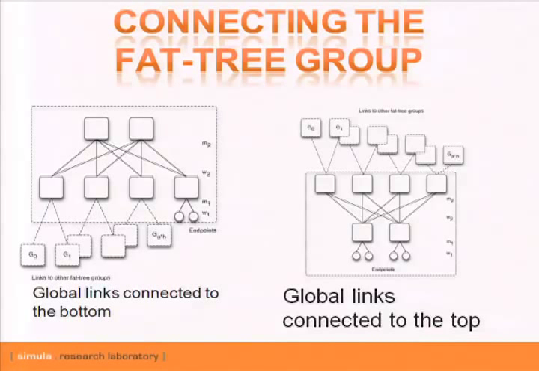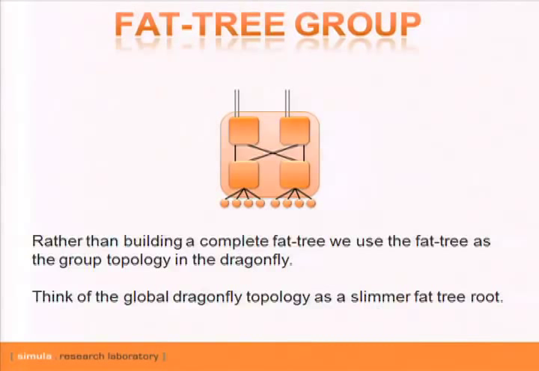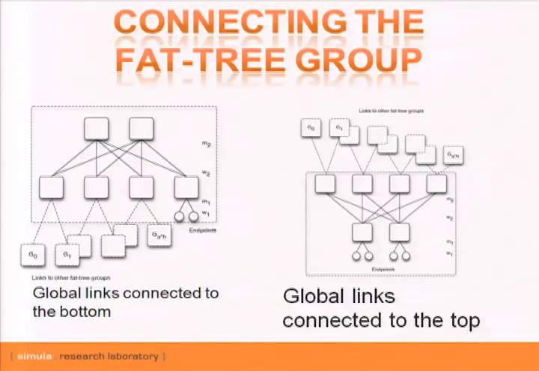One option is to connect the global links to the bottom level of the fat tree. So here we have a group in the fat tree that is made up of a two-level fat tree, and then you just hook up to the other groups from the bottom level of the fat tree.